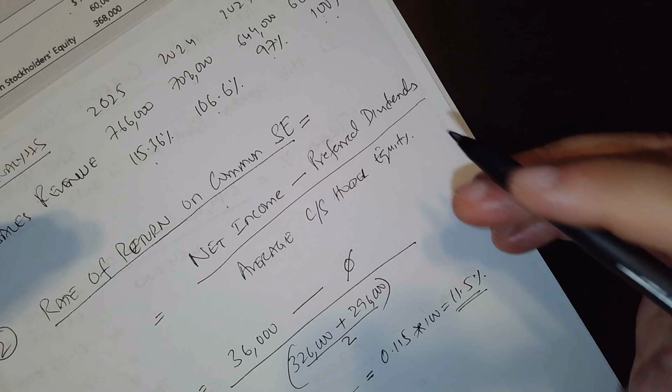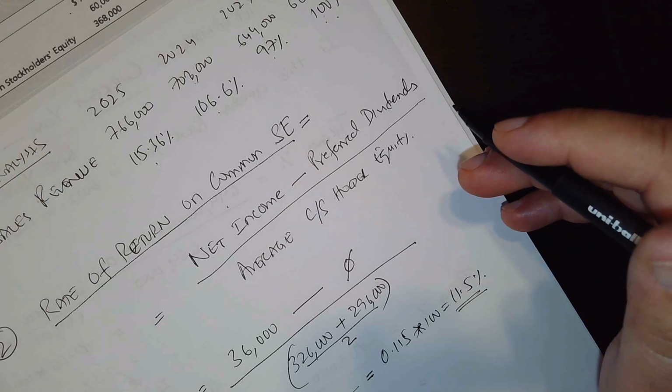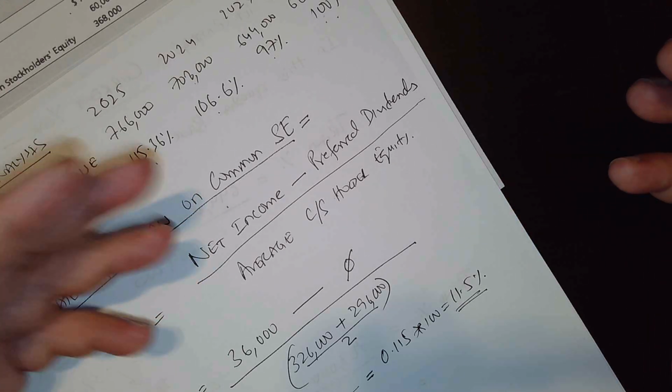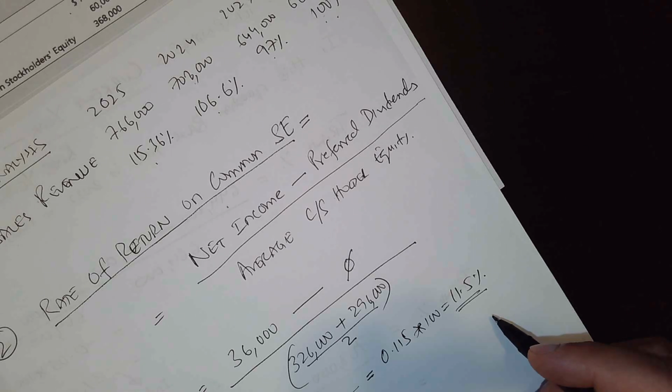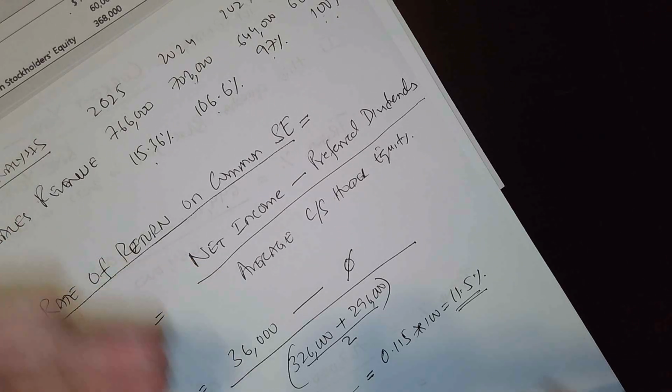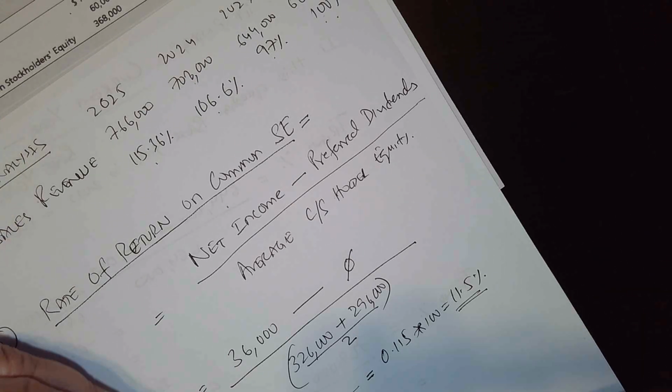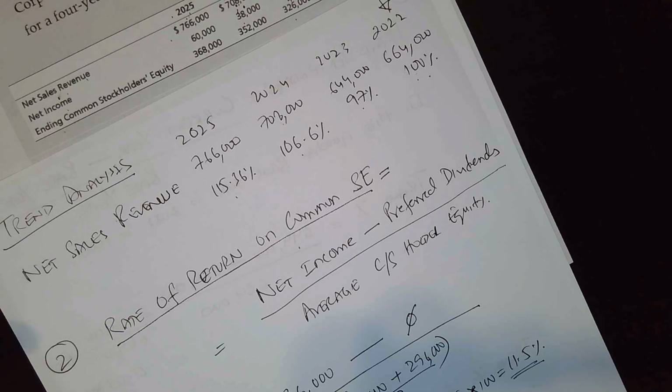For example, when you invest in this firm, you expect that you will receive $15 for every $100 you invest in it. That was your target. Now this is below your target. So would you continue to stay in this company, or would you like to pull out your investment and go somewhere that can provide you a 15% return? So that's the idea behind calculating the rate of return on common stockholder equity. A common stockholder wants to know how much return I am receiving on the investment that I have made.